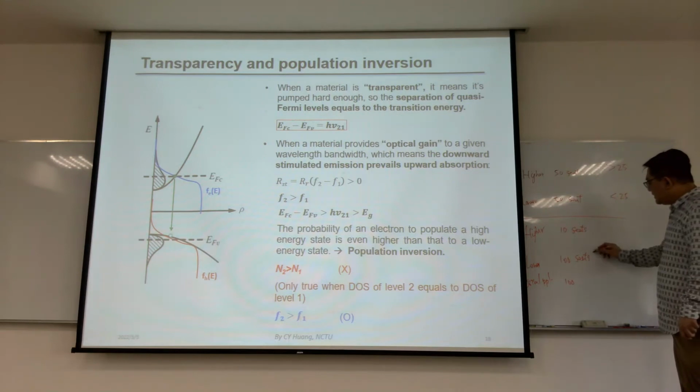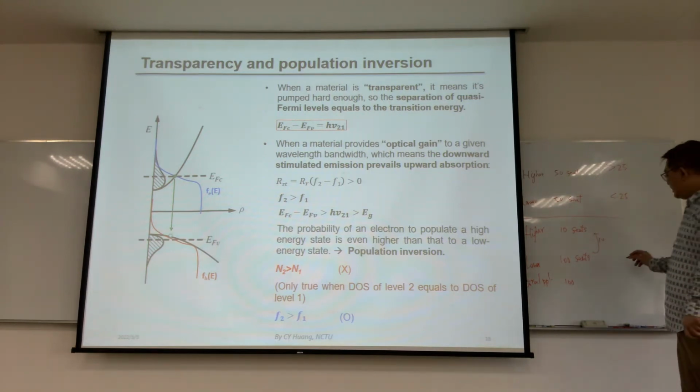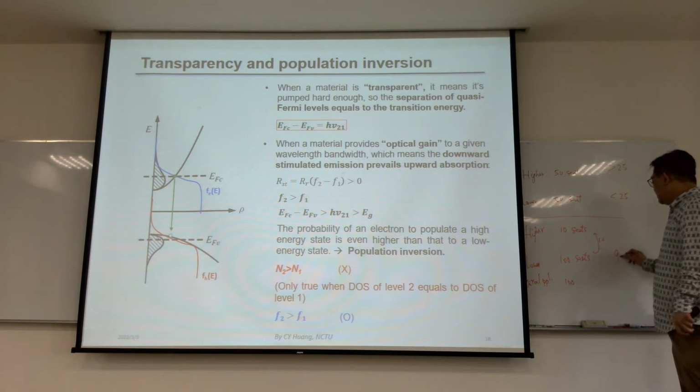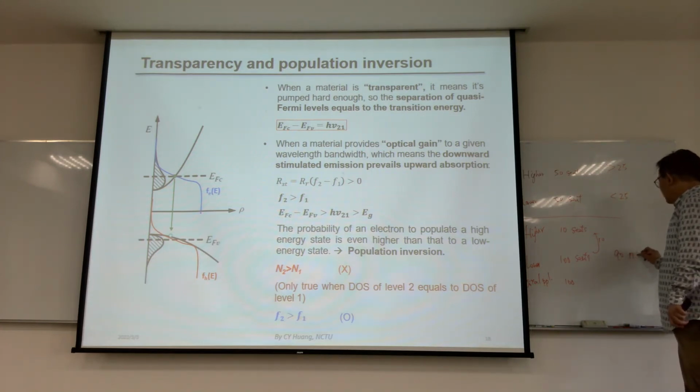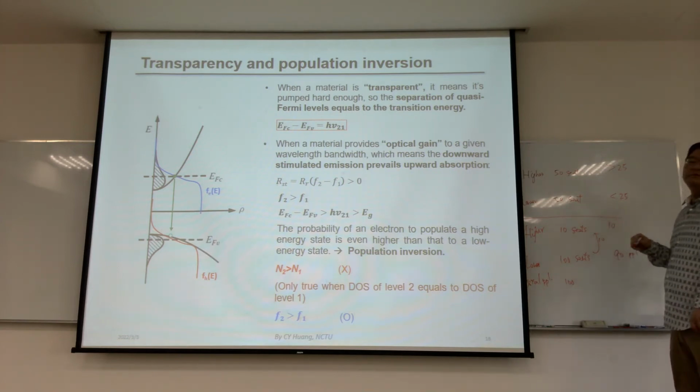If you excite 10 people upward, then it becomes 90 people below, and the upper level has 10, fully filled.